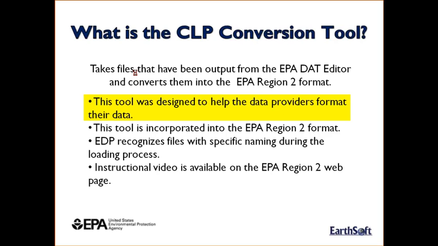So what we did is we worked out the logic with the EPA Region 2 lab folks to make sure that they will deliver, and this is actually 2 years ago now. I think this is live 2 years ago.